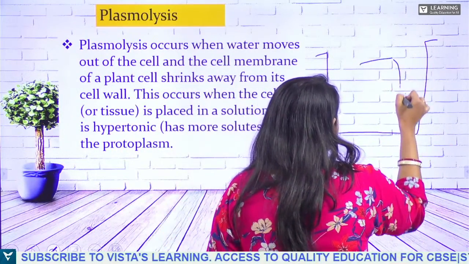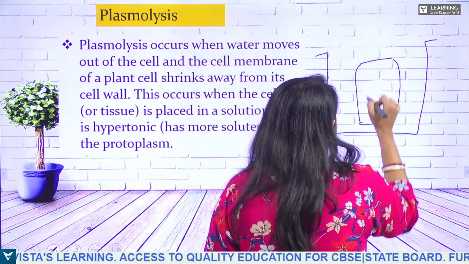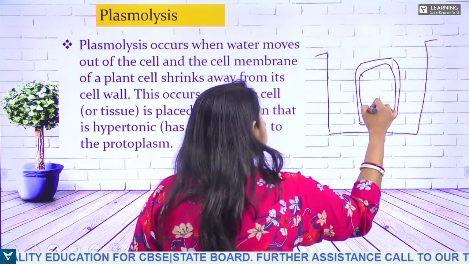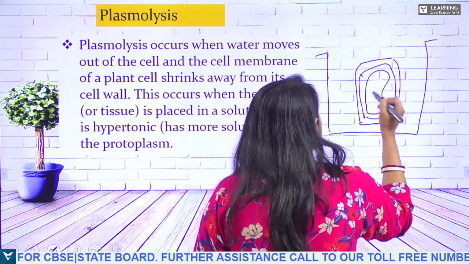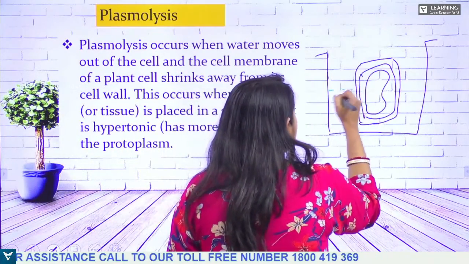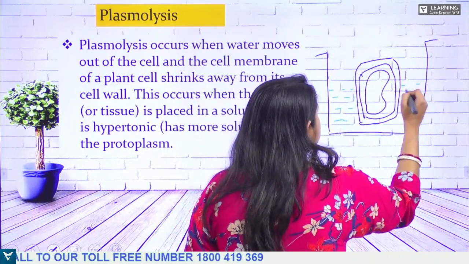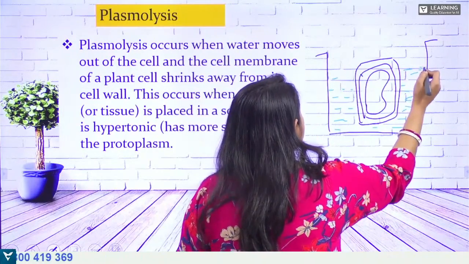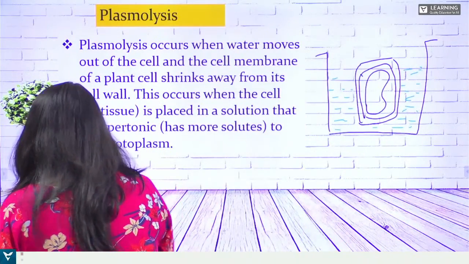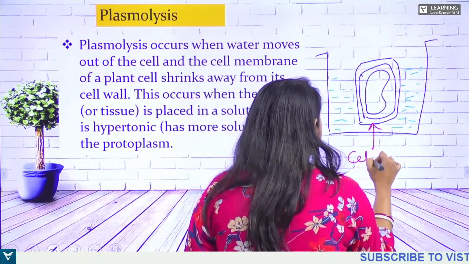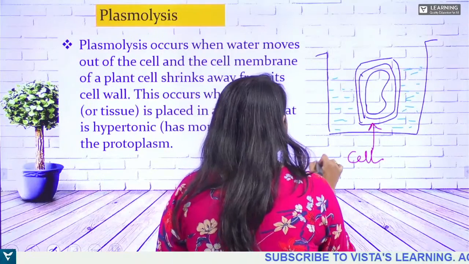If this is the cell, it is placed here. It has a vacuole, right? These are all the water molecules, and this is the cell. This is a plant cell.